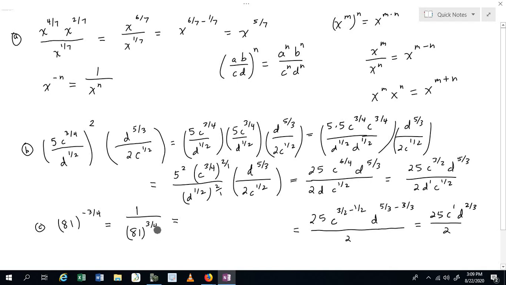And now remember, the bottom number here is the index of the radical, so it's the 4th root of 81, and then it's raised to the 3rd power. And that's what the top number does.